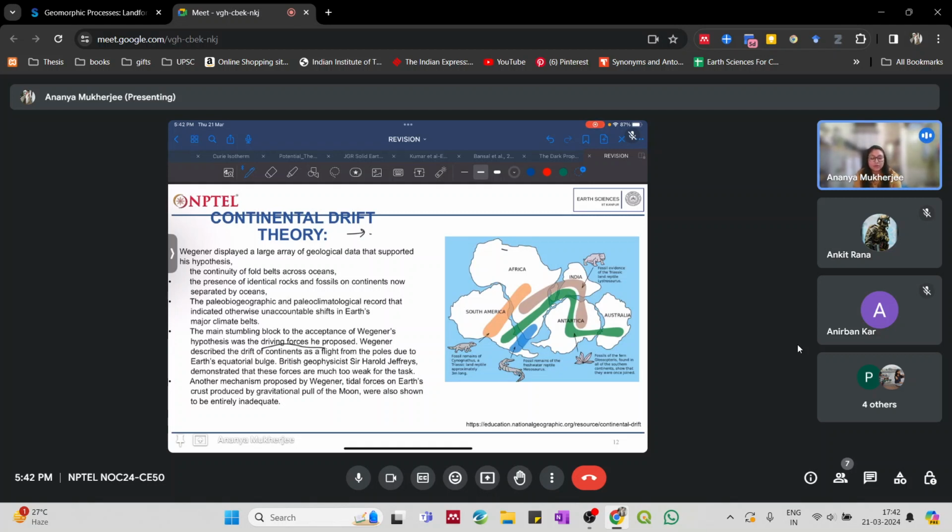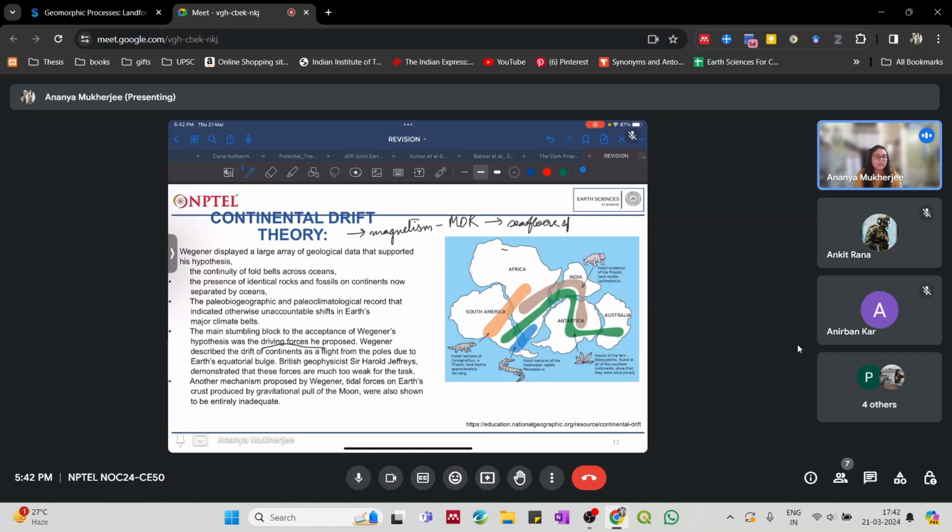But later on, studies on magnetism and the mid-oceanic ridge in the Atlantic paved the way for a more refined theory that explained sea floor spreading.